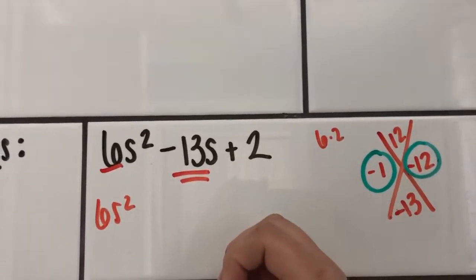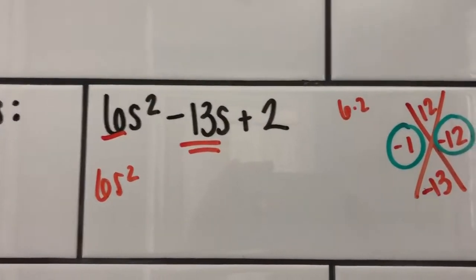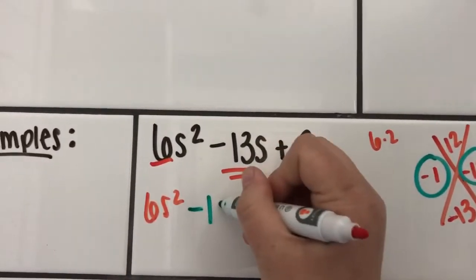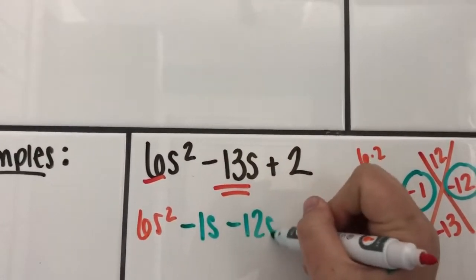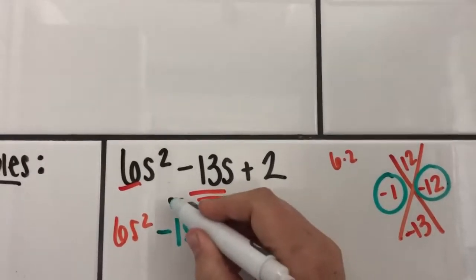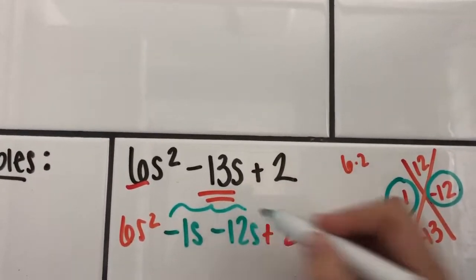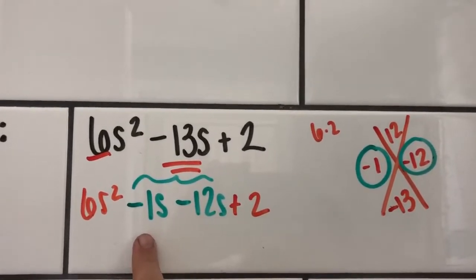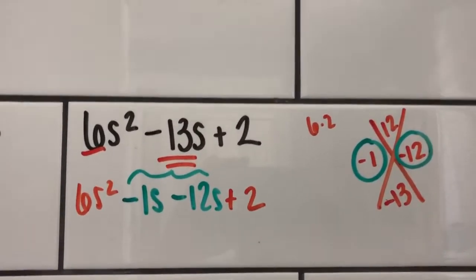And it does not matter which order you put it in. You could put the negative 1 first or the negative 12 first. And those are both s terms. So I'm going to say minus 1s, minus 12s, and then I have back to the plus 2. So all I did in this step is rewrite that middle term. Negative 12 plus negative 1 does equal negative 13. And now I'm splitting that.